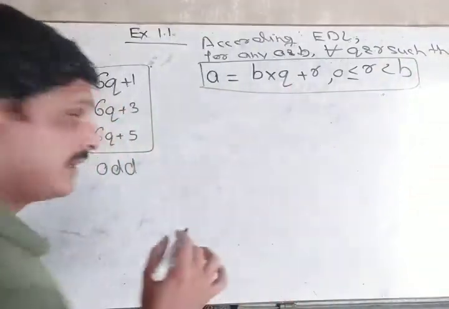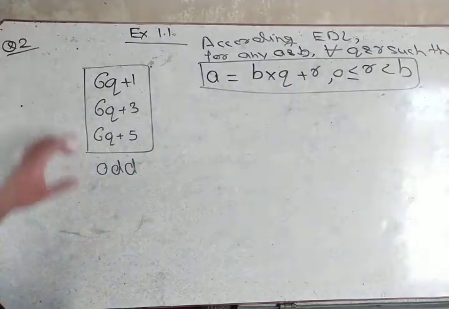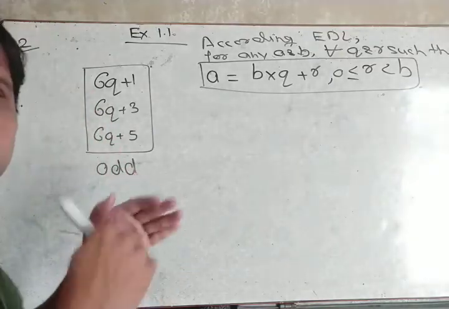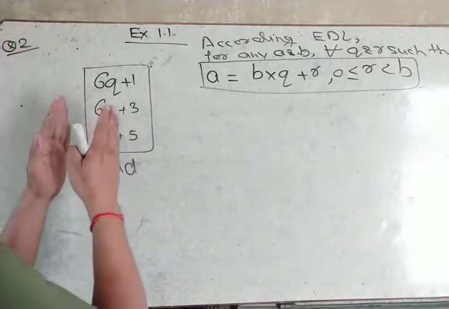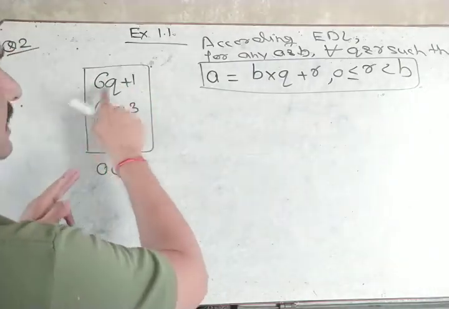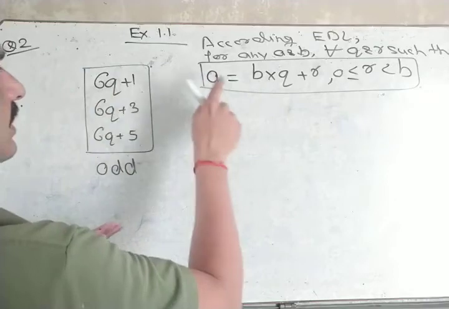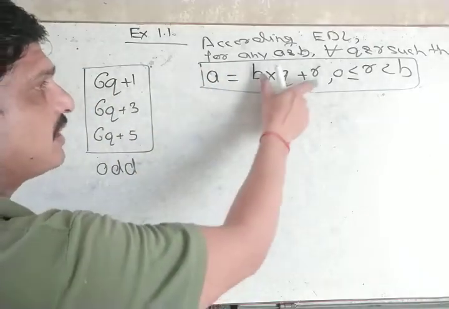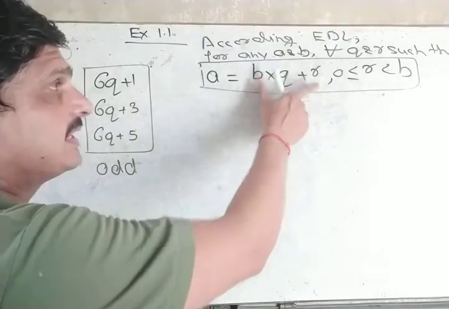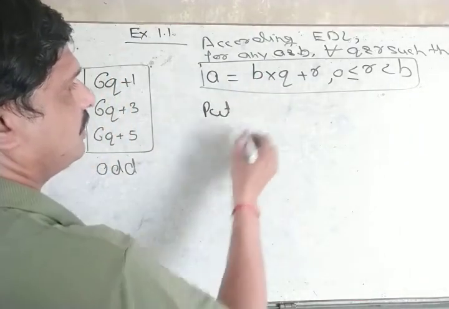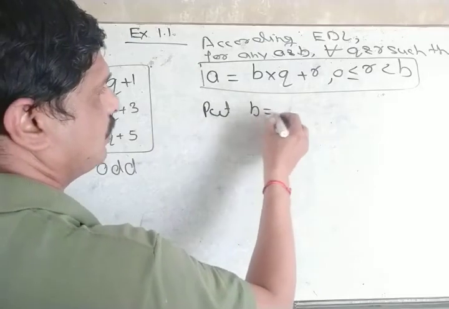And in every question here you are given a clue, 6. You are looking for the number, we are looking for a, and the number is of this type. So put b equal to 6.